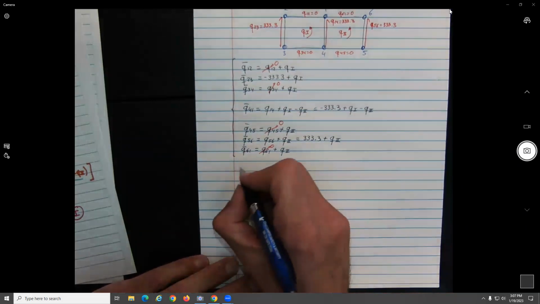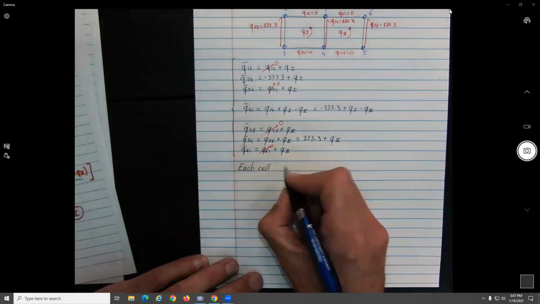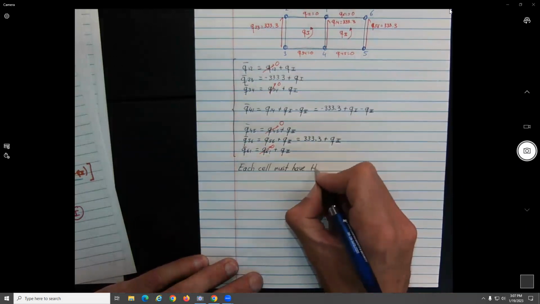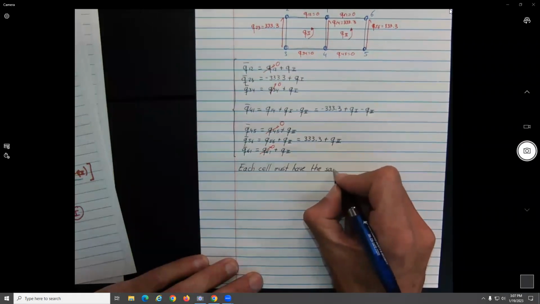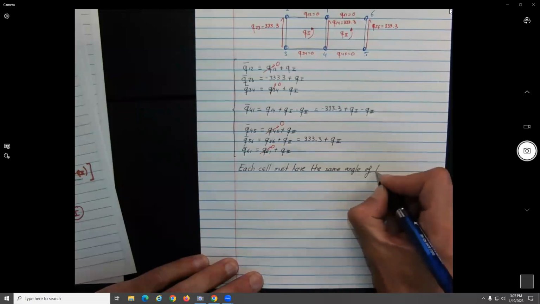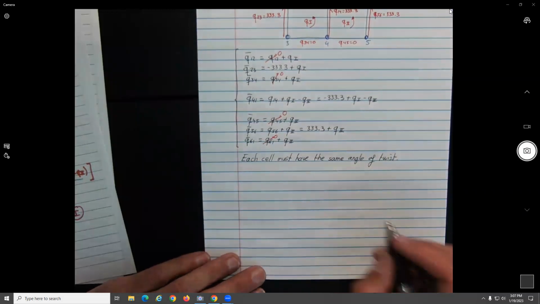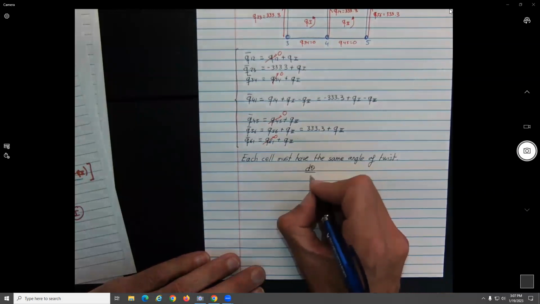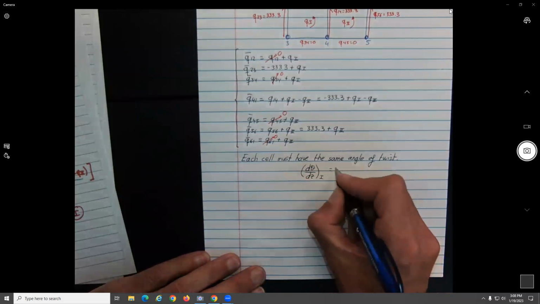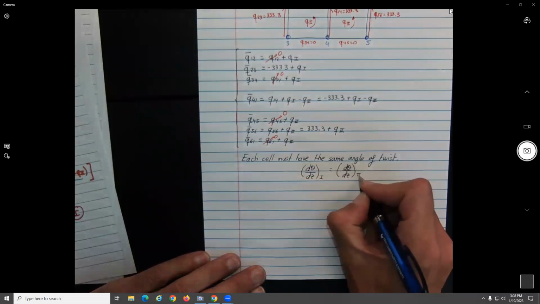So now what is the assumption? So that each cell must have the same angle of twist. So that means d theta dz for 1 must be equal to d theta dz for 2.